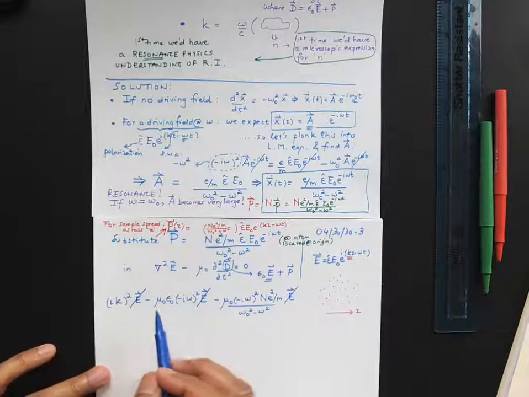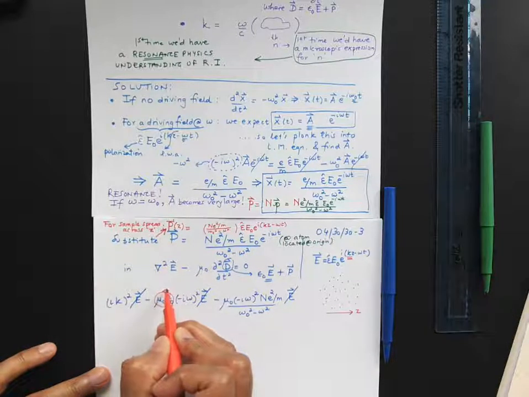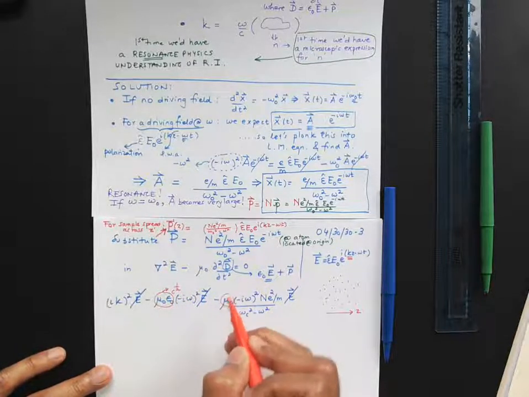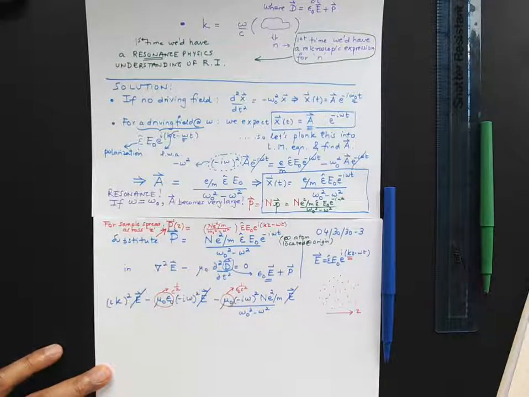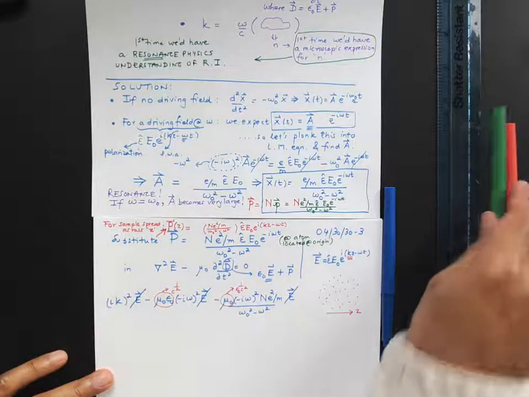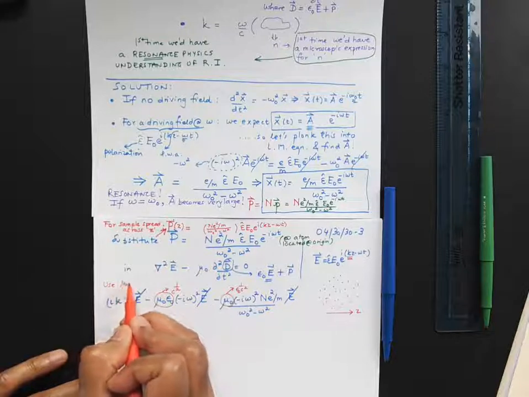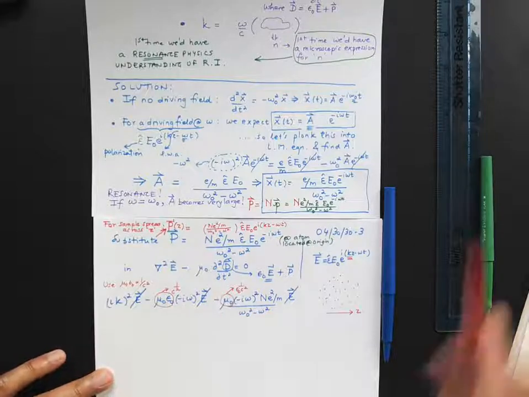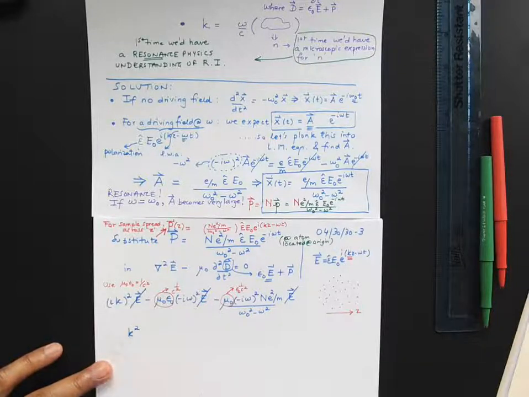The mu naught epsilon naught, let's replace that with 1 over c squared, and the mu naught, let's replace that with 1 over epsilon naught c squared. I'm just using mu naught epsilon naught equals 1 over c squared, right? So I did that. And so now what do I have? I have k squared from here, so it's actually a minus k squared because of the i.